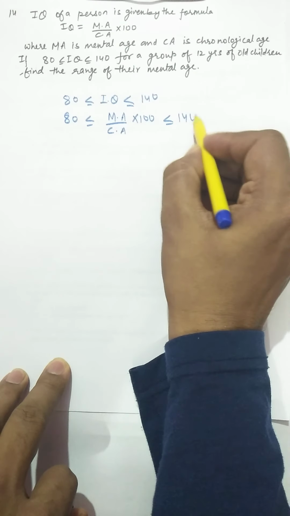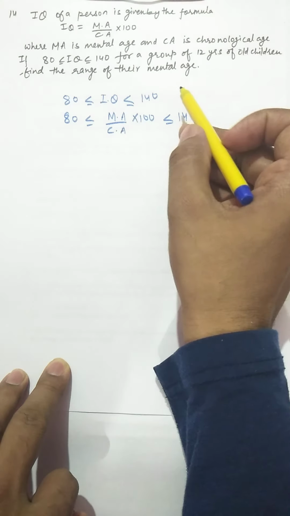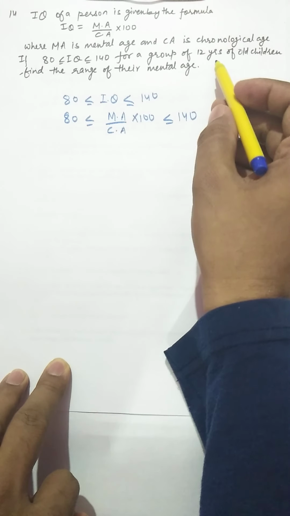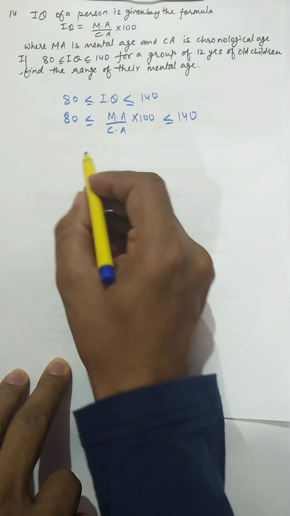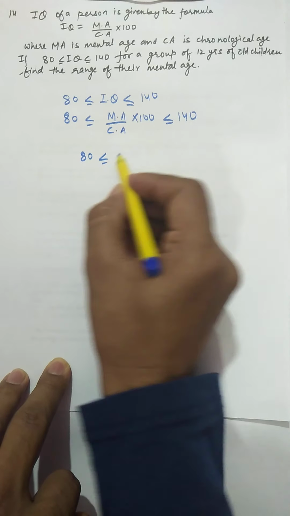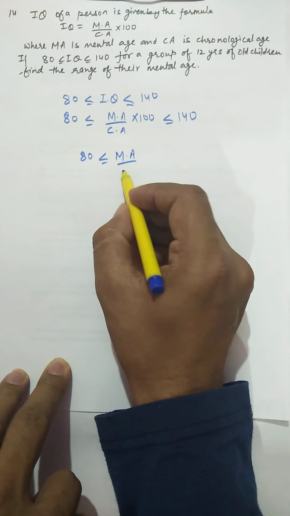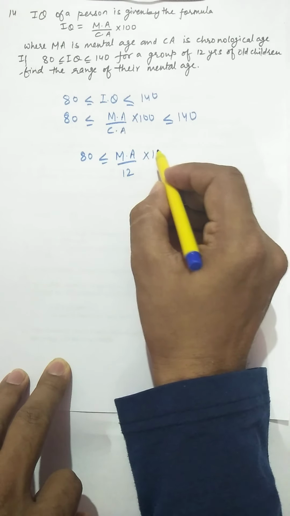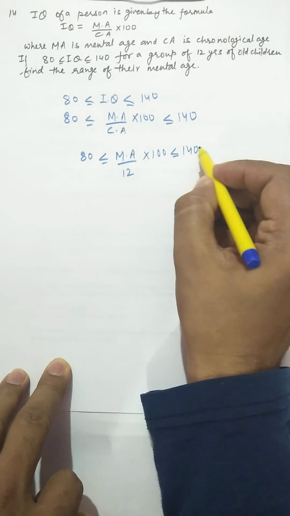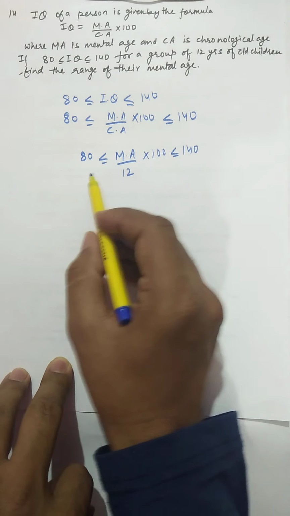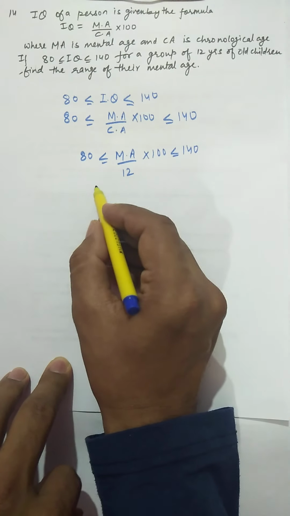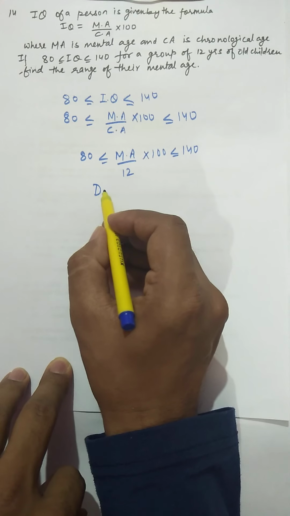Mental age they are asking from us, and 12 years, the chronological age, is given. So this is 80 less than or equal to MA upon 12 into 100, and this is 140.